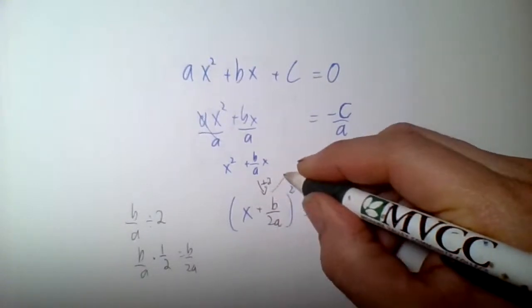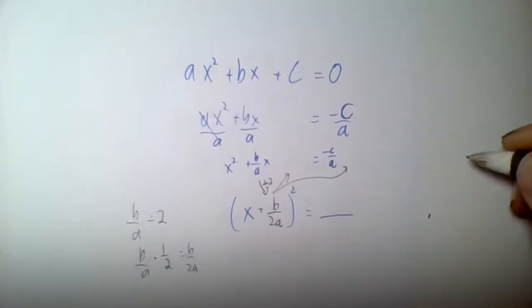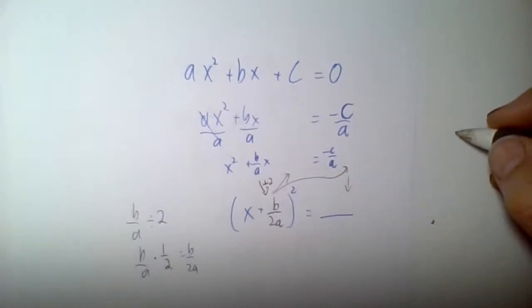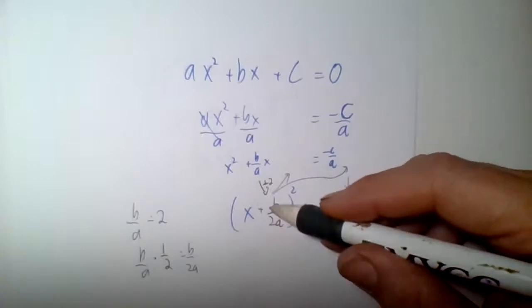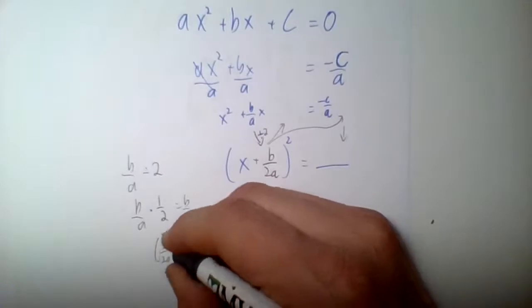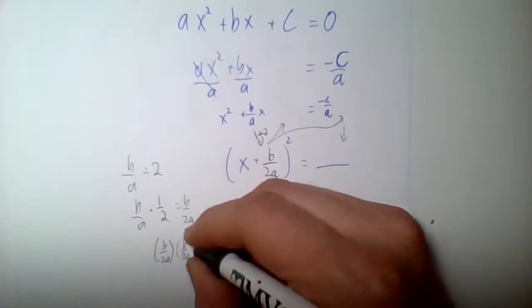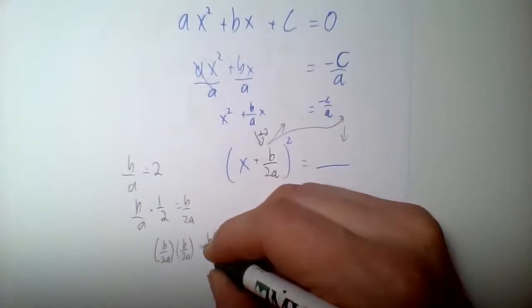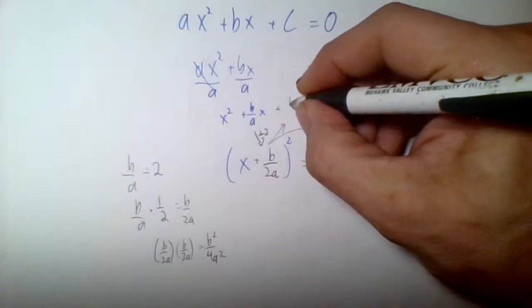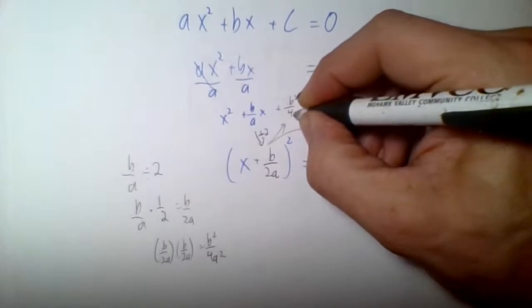And then I'm supposed to square it for this piece. So my little arrow is reminding me of the zigzag thing, and then I can add this up. Squaring that, I take this number and square it. So b over 2a times itself comes out b squared over 4a squared. So that's what I need to add to both sides, plus b squared over 4a squared.